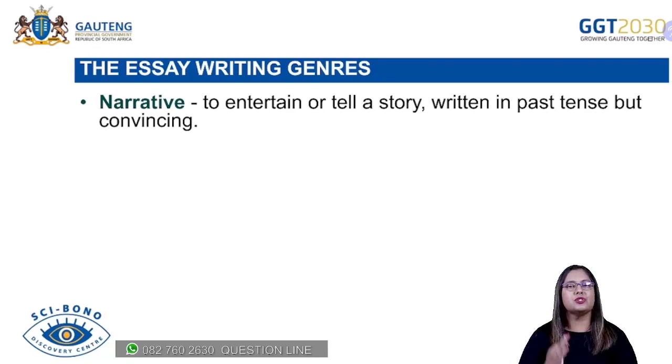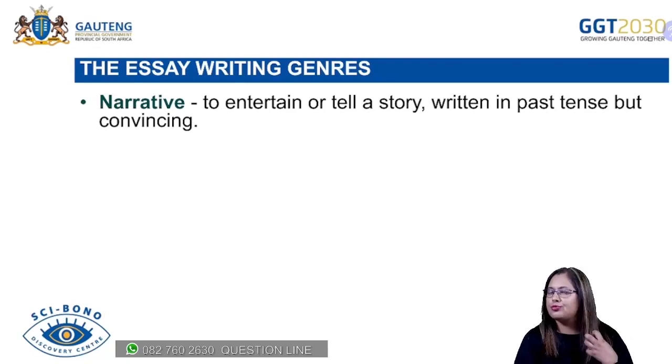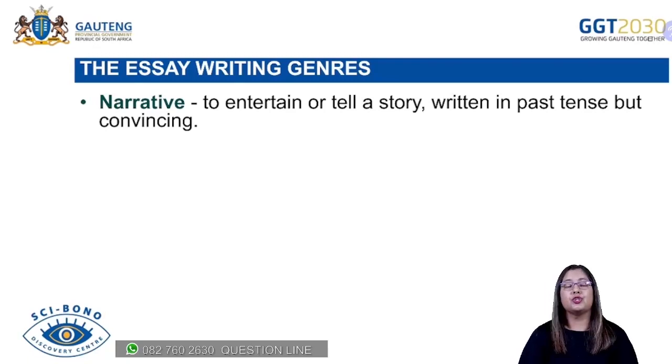And it has to be convincing. All right? We don't want to listen to something or read something that doesn't really make us feel confident about it. We're not really thinking this learner hasn't made us really catch his idea. So convince us when you are writing the narrative essay.